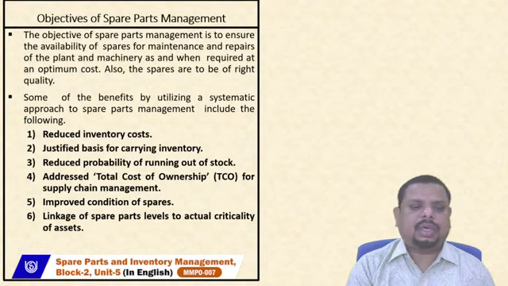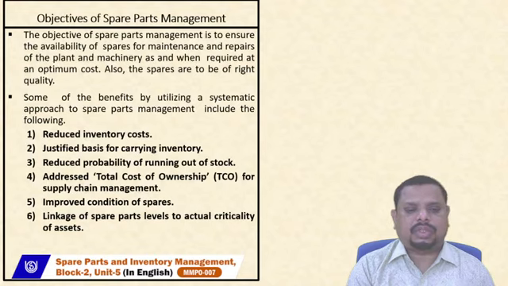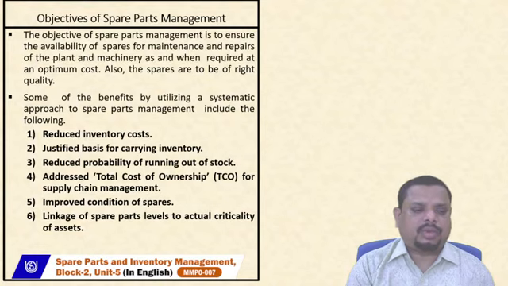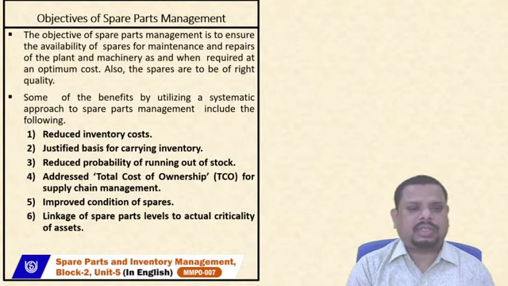Then reduce the probability of running out of stock, and address the total cost of ownership, shortly known as TCO, for the supply chain management of spare parts. Point number 5, improve the condition of spares, and the last one is linkage of spare parts level to the actual criticality of assets.